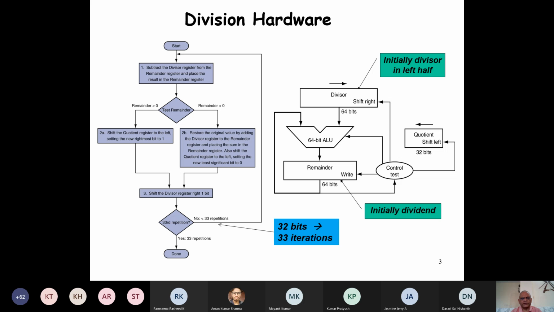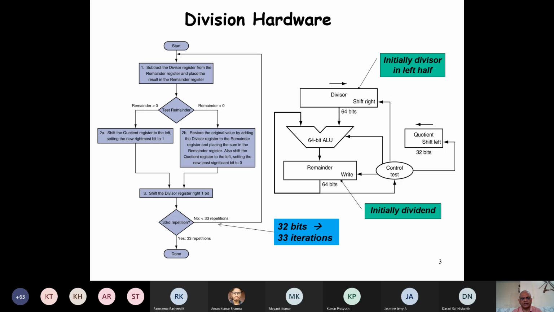Once we have kept the divisor on the left 32 bits and the dividend on the right 32 bits, then we perform the subtraction. So what will be the result of this subtraction?